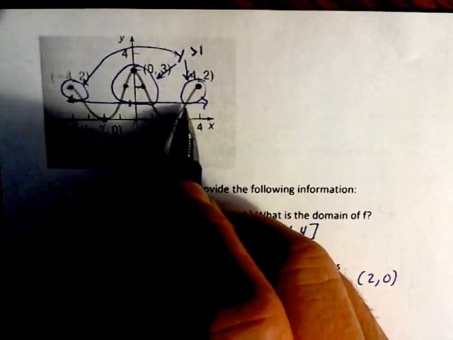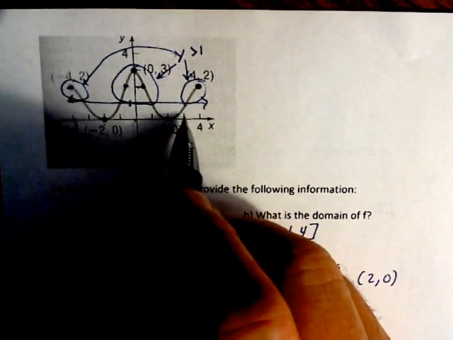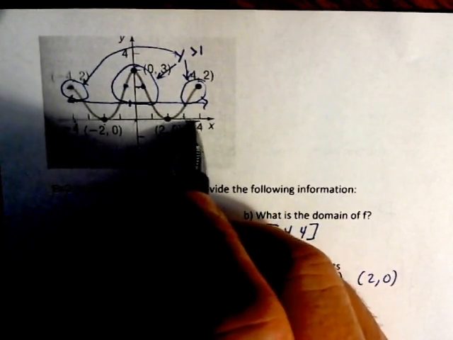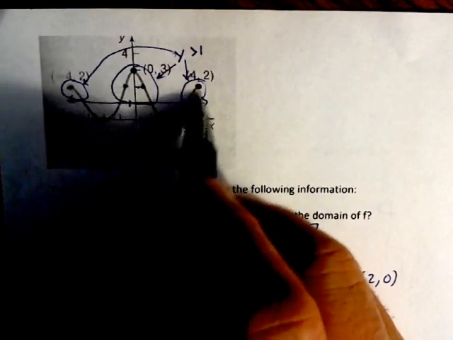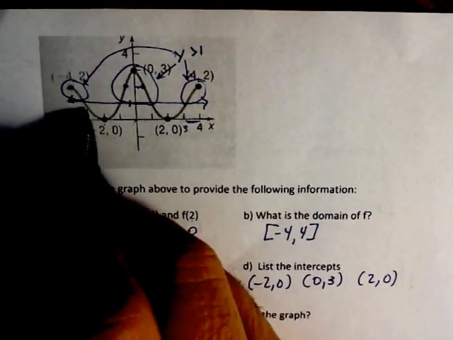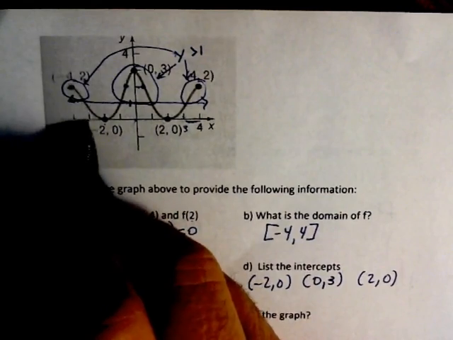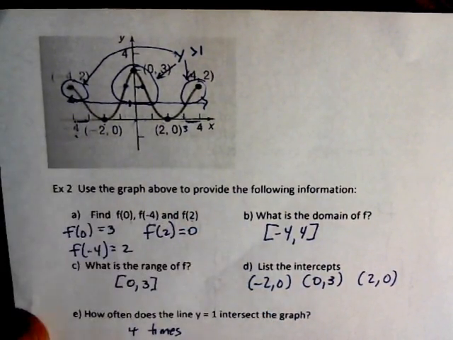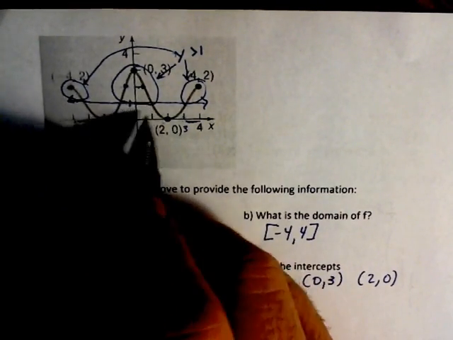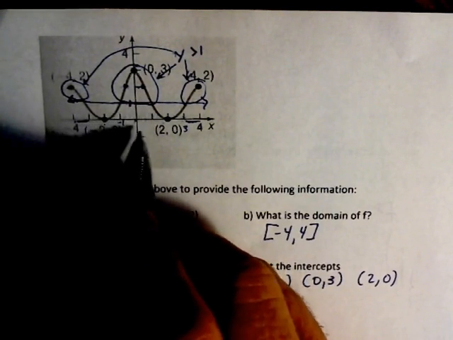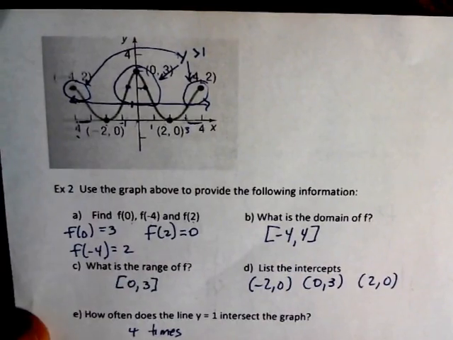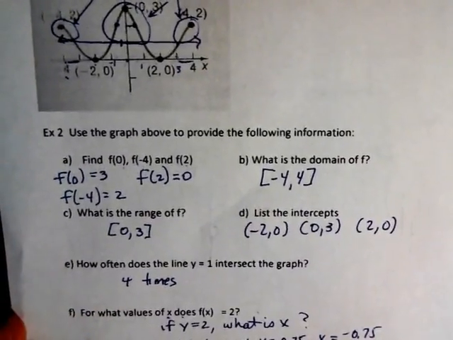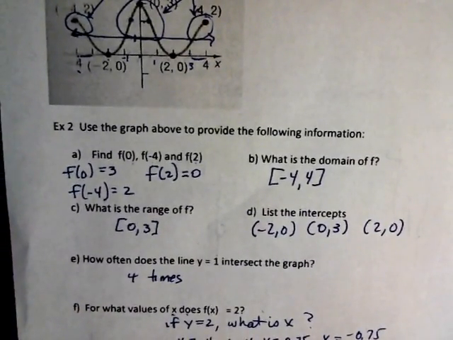Now, if I look at here, it's about in this area right here from 3 to 4 where y is greater than 1. It's also greater than 1 from about -3 to -4. And then it's also greater than 1 from -1 to +1. So, and this is estimation a lot of times because you can't tell whether it's equal to 1, whether it's greater than 1. It's an estimate.